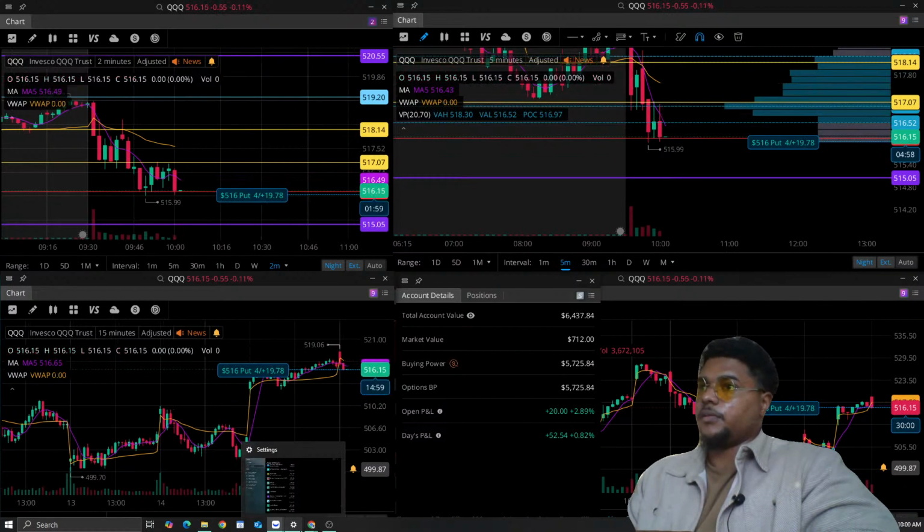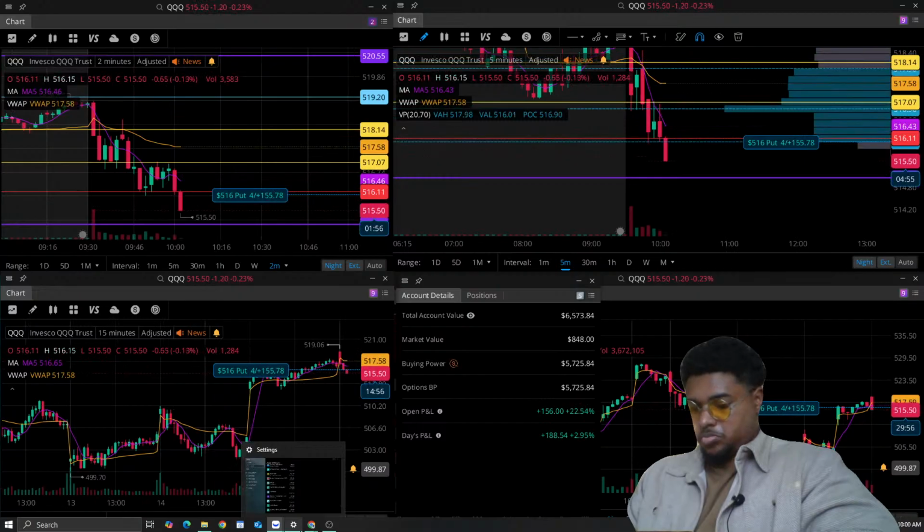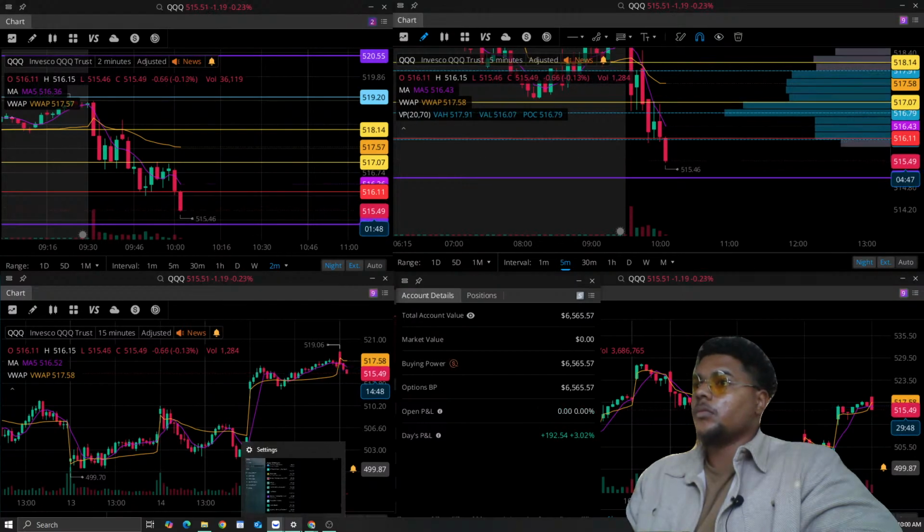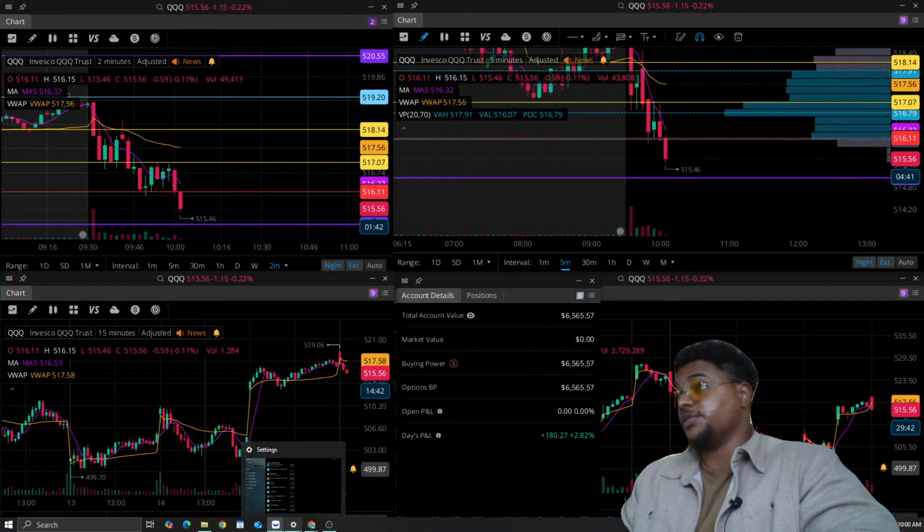Okay. Boom. I took it off because it's kind of close to that purple line, right? But I should have waited for it to hit the purple line, if I'm gonna be honest with you.